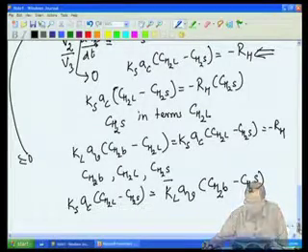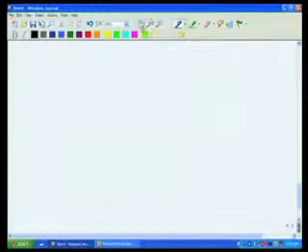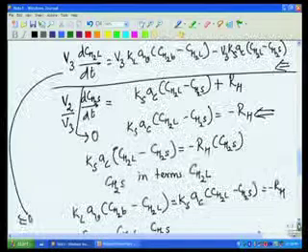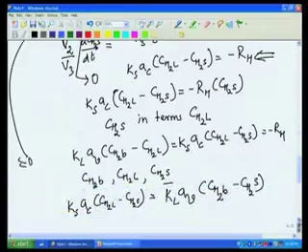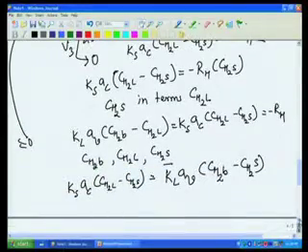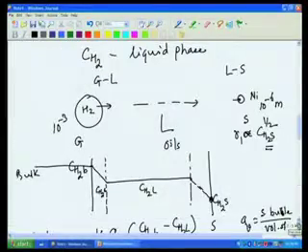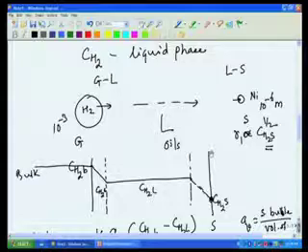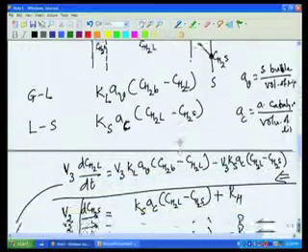This will be somewhat familiar to you. Let's go back to this. If you look at this, it is gas-liquid and then liquid-solid, processes in series, with resistances adding.